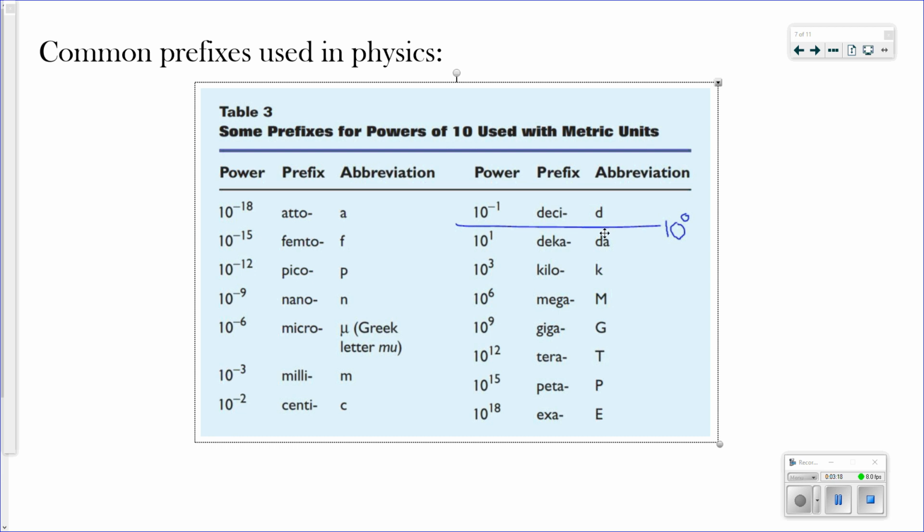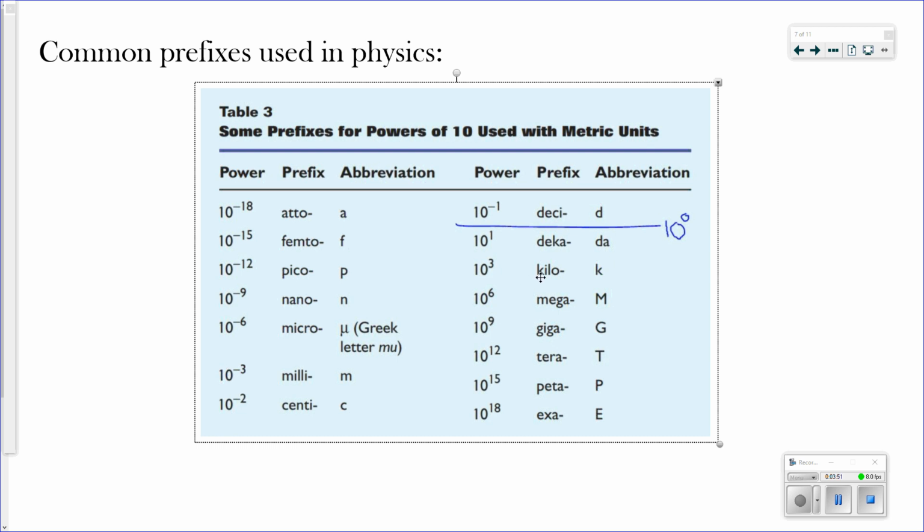The blue line here represents your standard SI unit. It has a value of 10 to the 0, and 10 to the 0 is also equal to 1. Anything below the line, the number is greater than 1. Anything above the line, the number is less than 1. And they increase and decrease by powers of 10. So for example, if I want 1,000 meters, I have 10 to the 3rd meters.